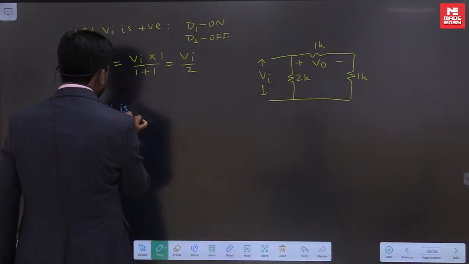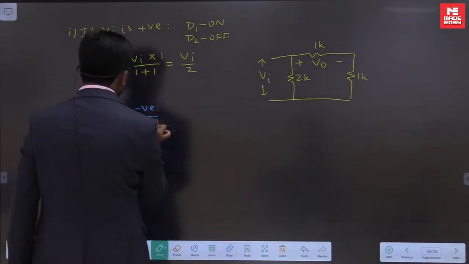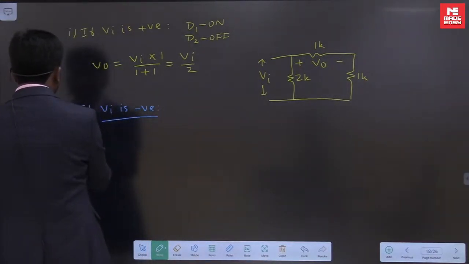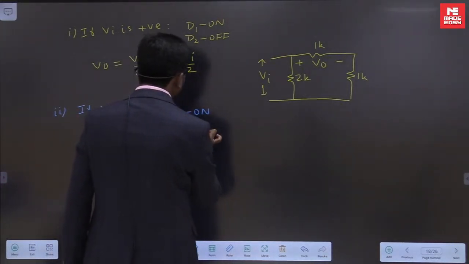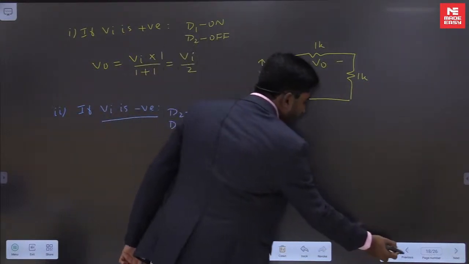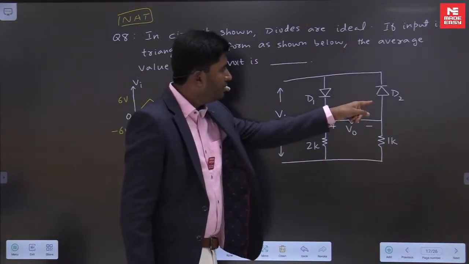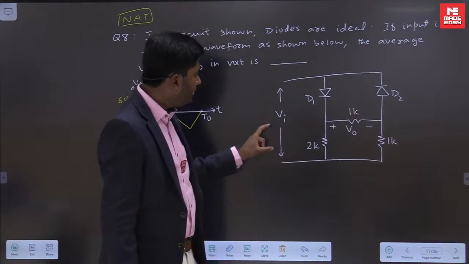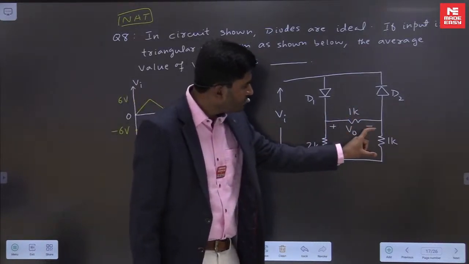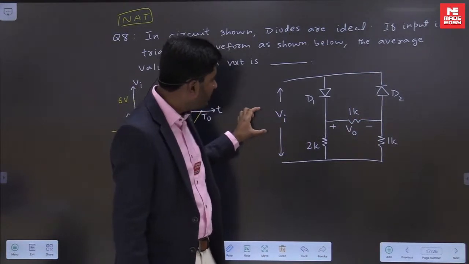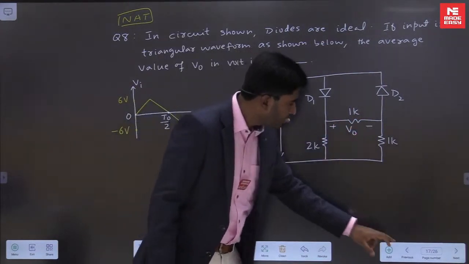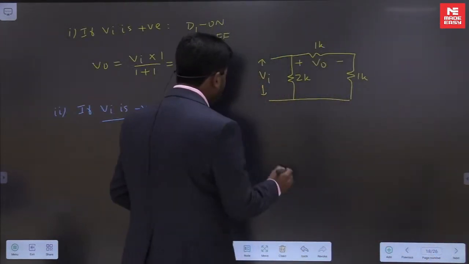If input is negative, now D2 becomes on and D1 will be off. With D2 becoming on, input will be seen across this 1K. We can redraw the circuit in this way.